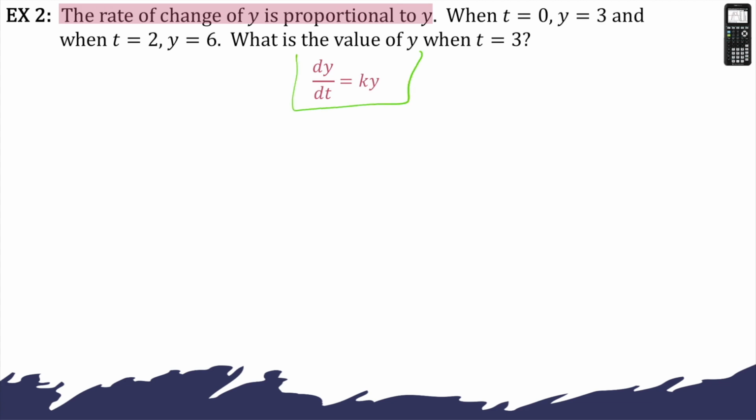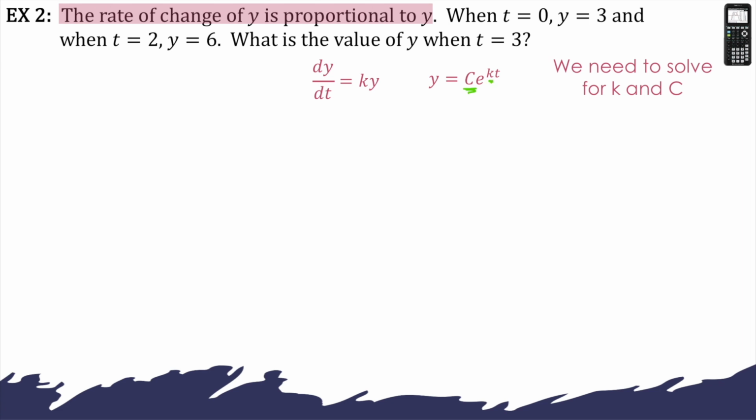So that's code for this right here. The rate of change is proportional to y. So we know that we're working with our exponential growth and decay model, which is y equals ce to the kt. So we're going to need to solve for c and for k.